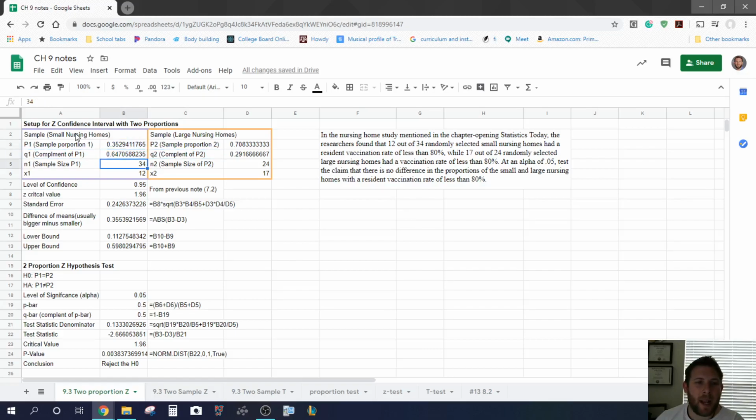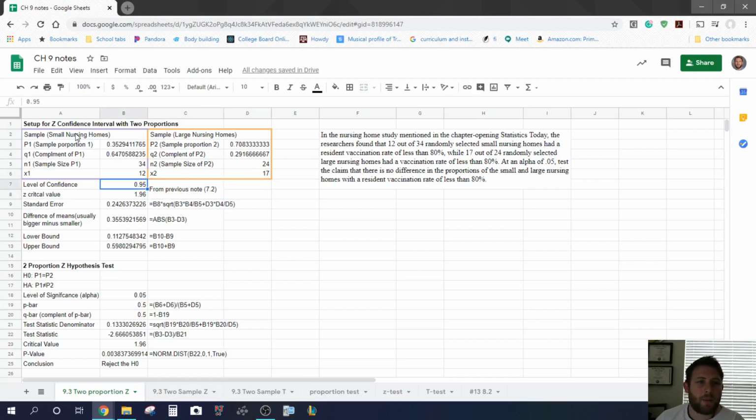Then my sample size and X1, I pulled all these in here because I will be needing them for calculations. Same thing up here. My P2 is my proportion 2, which represents my large nursing homes. 1 minus that is that value right there. There's my sample size, and then the number of nursing homes, out of 24.